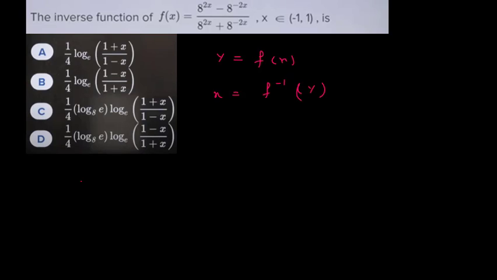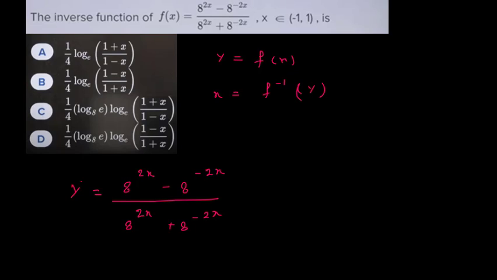I will find f inverse of y, and when I replace y with x, I will get f inverse of x. Okay, right. So let us start. Let us say y equals (8 power 2x minus 8 power minus 2x) divided by (8 power 2x plus 8 power minus 2x).